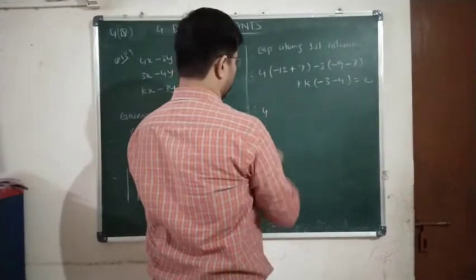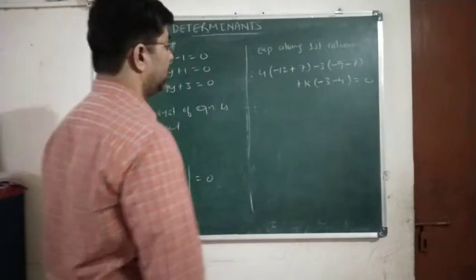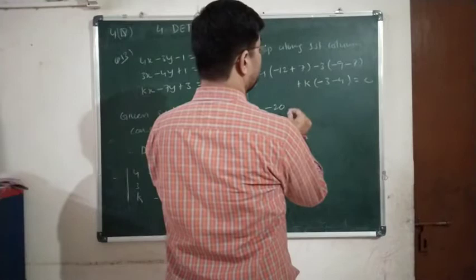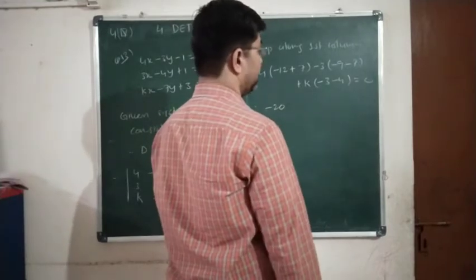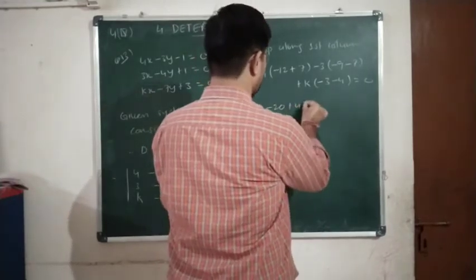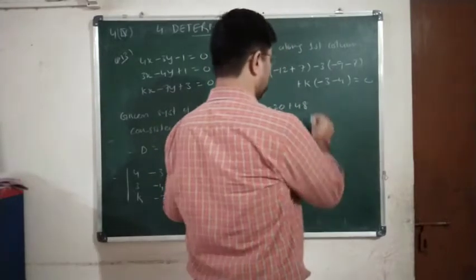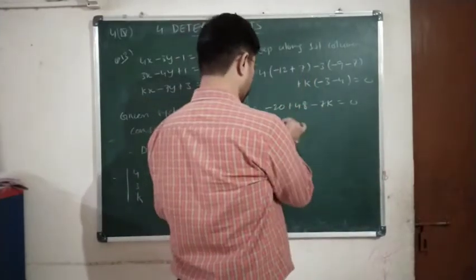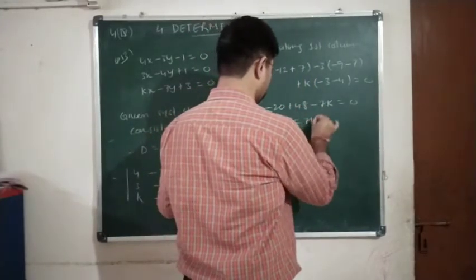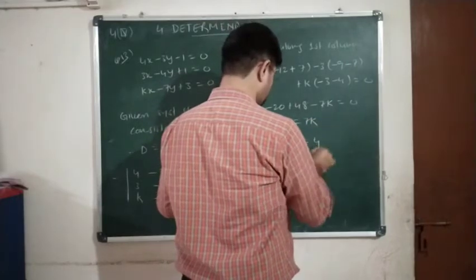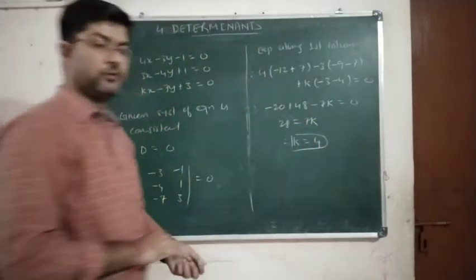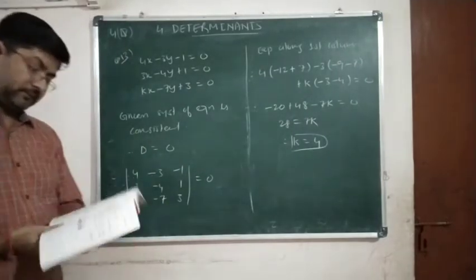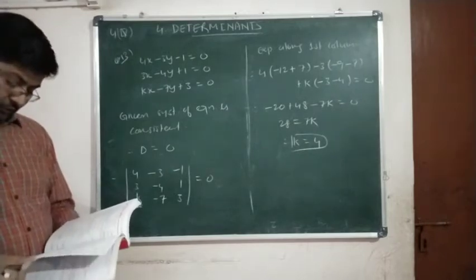Therefore, okay, minus 12 plus 7 will be minus 5. 4 into minus 5 will be minus 20, and 9 plus 7, 16 3s are 48, and minus 7k equal to 0. So 28 is equal to 7k and therefore k is equal to 4. So value of k is 4. Clear? So question number 13 is also over.